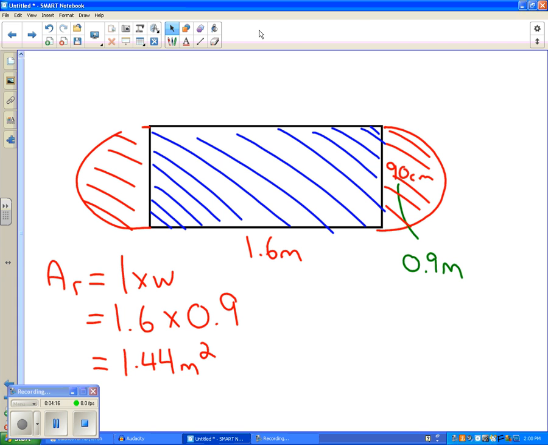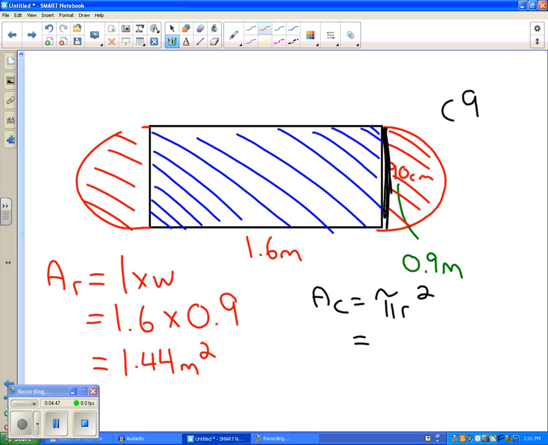The area of our two semicircles we can calculate out, but we need to remember that our formula for area of a circle equals pi r squared. We're not given the radius, we're again given the diameter here. It's telling us that this piece here is 90 centimeters or 0.9 meters. So we have to go, okay, what is 0.9 divided by 2?